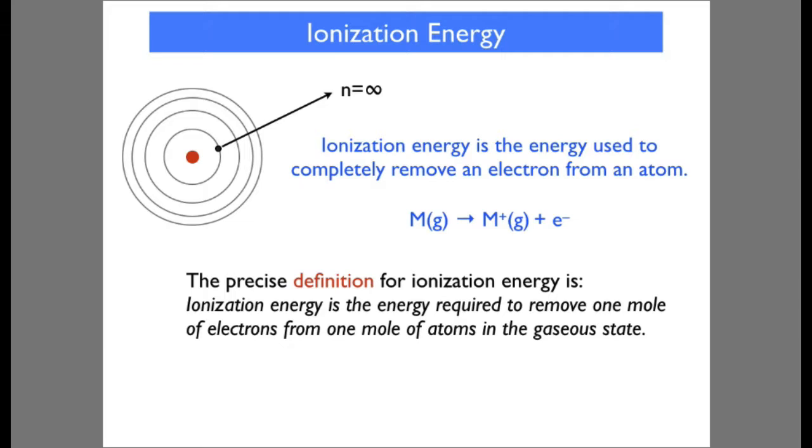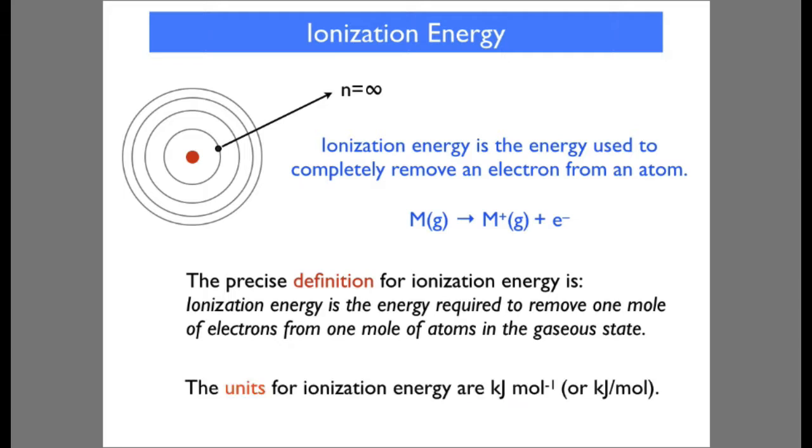The precise definition is: ionization energy is the energy required to remove 1 mole of electrons from 1 mole of atoms in the gaseous state. You should make a flashcard with this on it and carry it around until you can say it backwards. The units for ionization energy are kilojoules per mole.